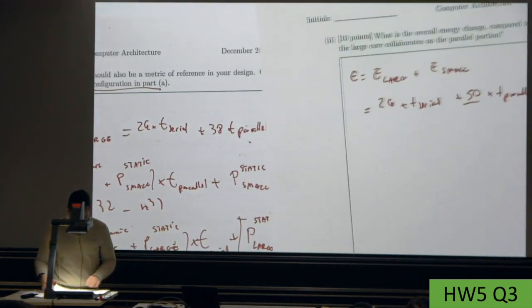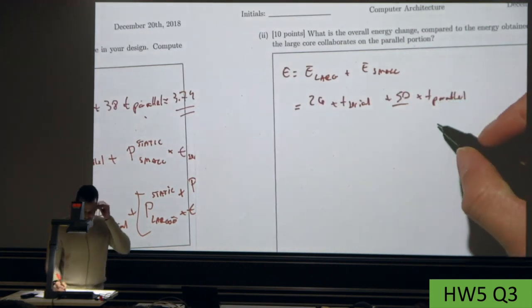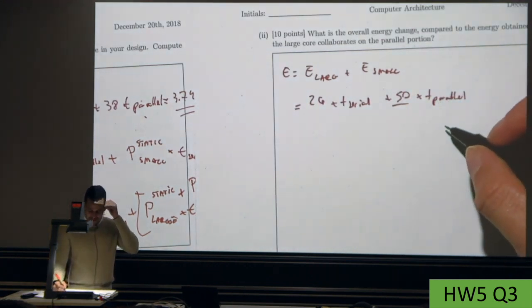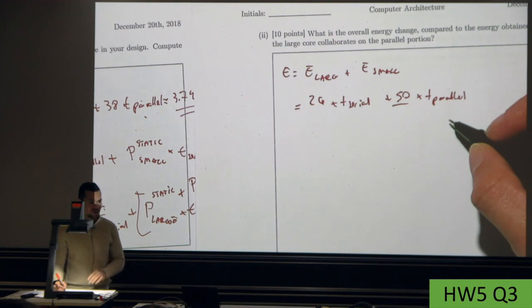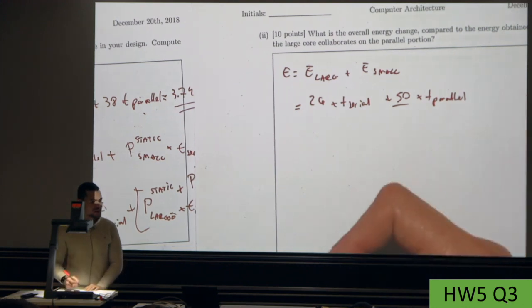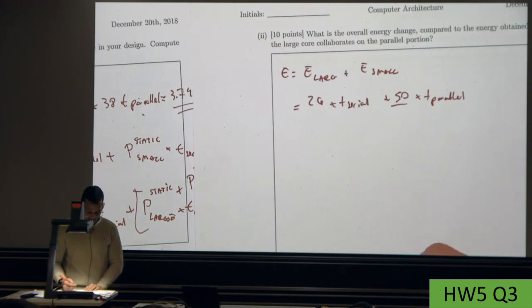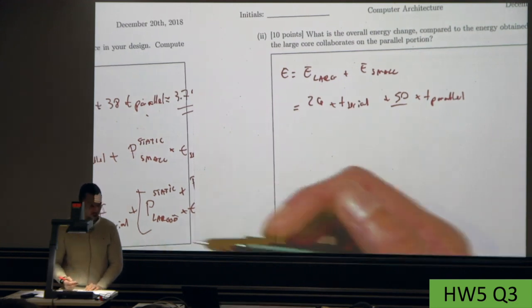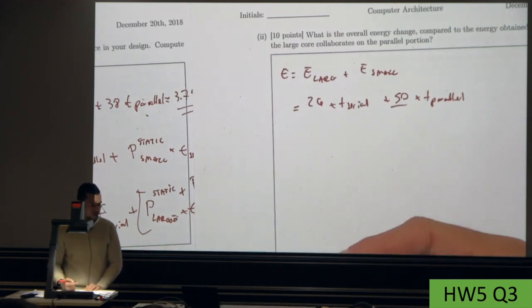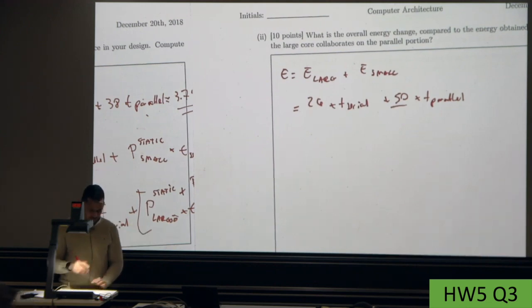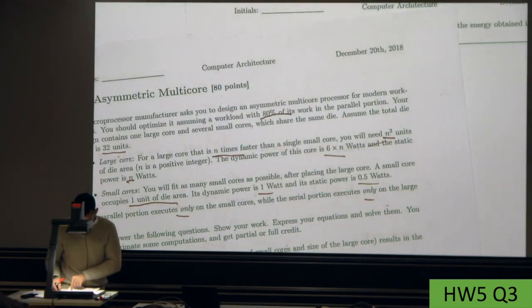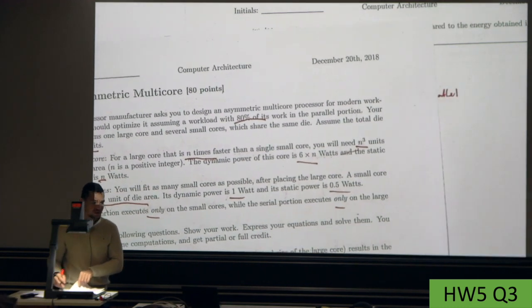Pay attention to how much the energy expended on the parallel portion increases now, because recall that the dynamic power for the larger core is 6n, while for the other core it is just 1 unit. Oh yes, it's only 1 watt for the small core and 6n watts for the large one.